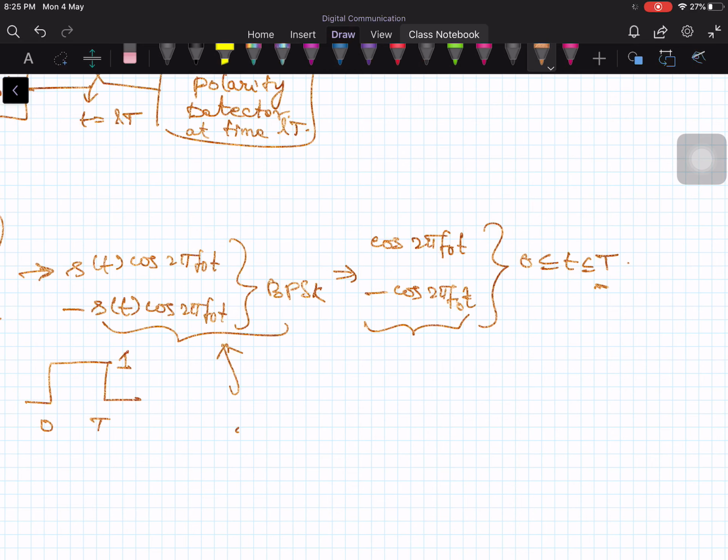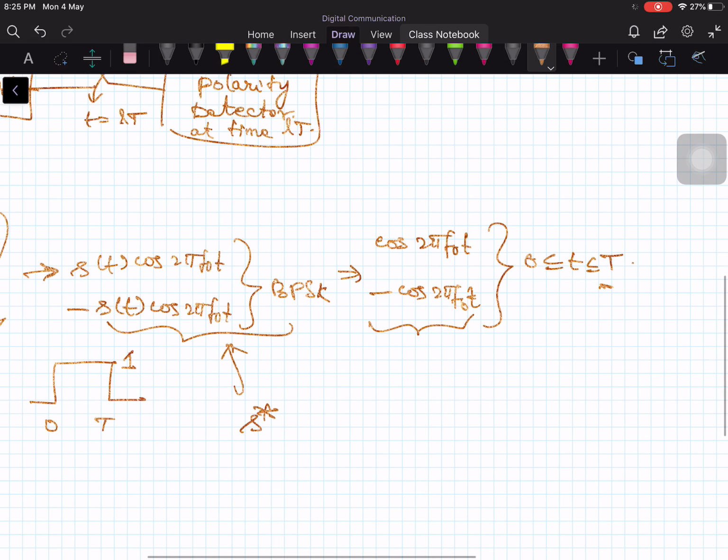The corresponding matched filter will be S conjugate of minus t, and if it is real, there is no need of the conjugate, times cos of 2 pi f naught t. The filter is tuned at the frequency f naught. That's what I mean by cos of 2 pi f naught t. If you don't put cos of 2 pi f naught t, the filter is tuned at baseband itself, 0 to some frequency.